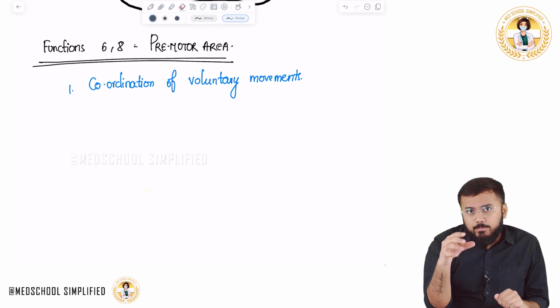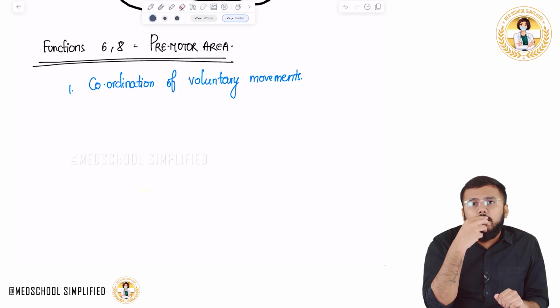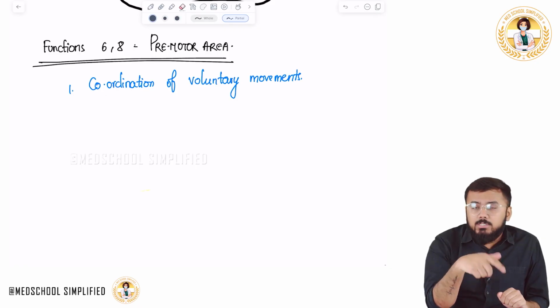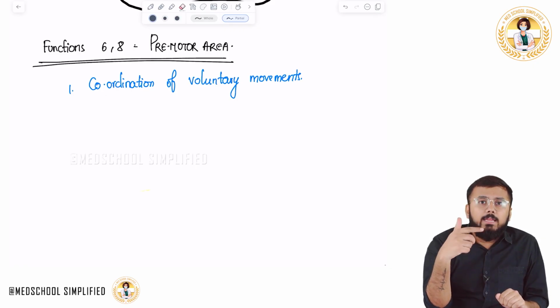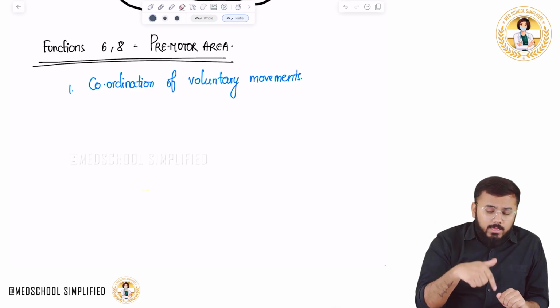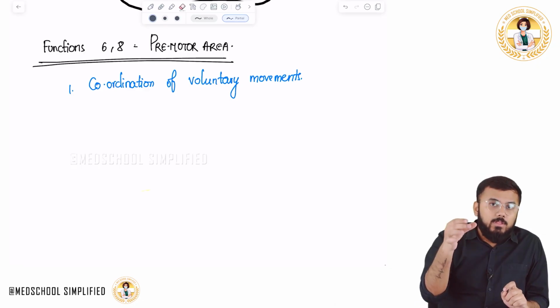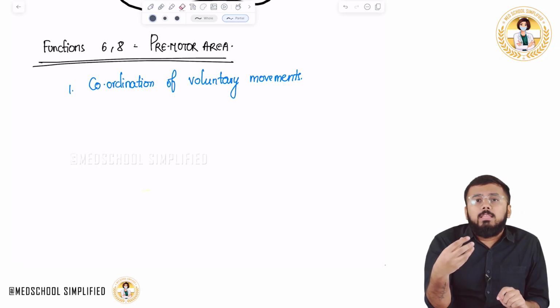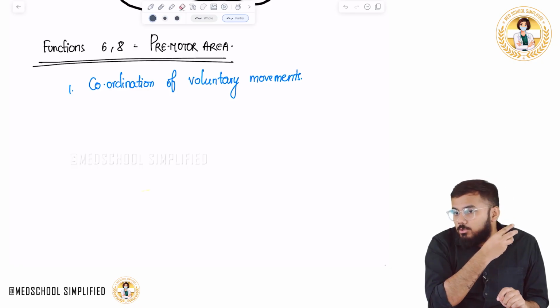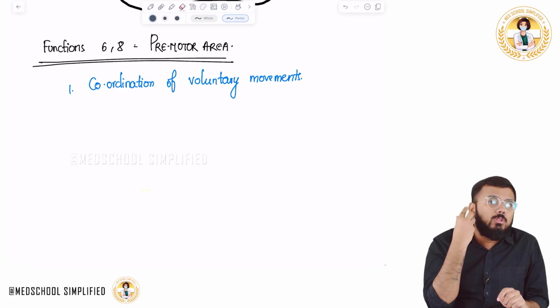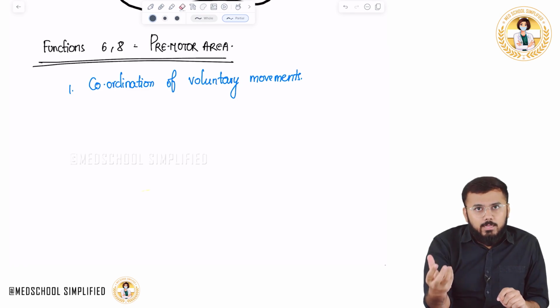I have to lift it up, and then I have to take this cup of tea towards my mouth, right? If area 6 and area 8 are not working within my body, then this coordination will be disturbed. I can lift the cup of tea, but there is no proper coordination. Instead of putting it towards my mouth, I might overshoot it to the left, I might overshoot to the right. You're getting it?